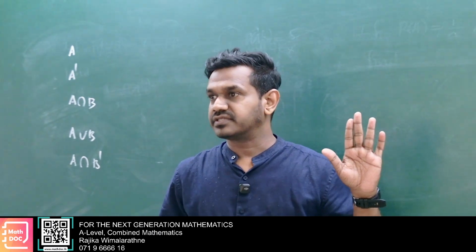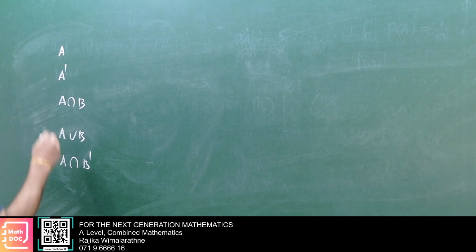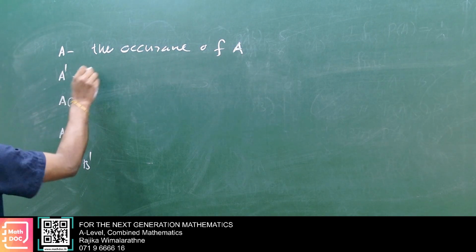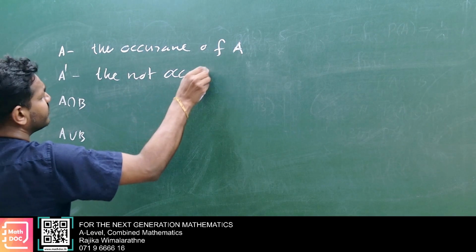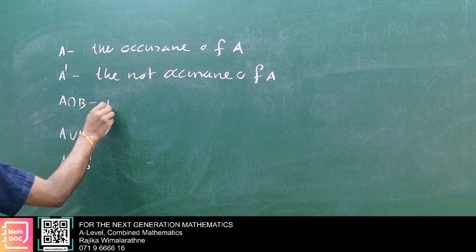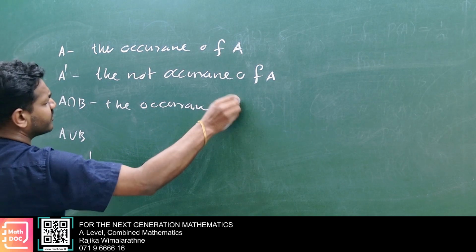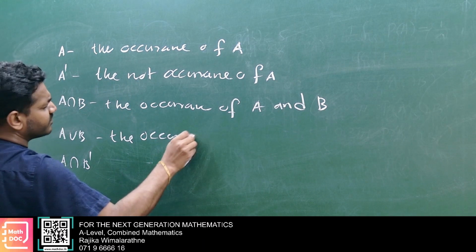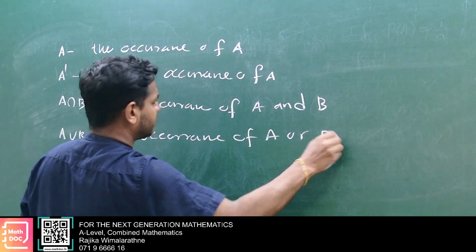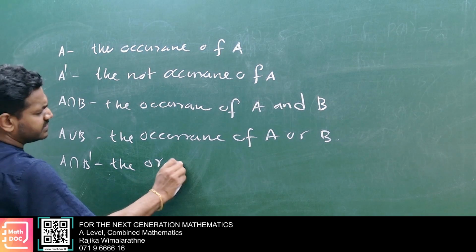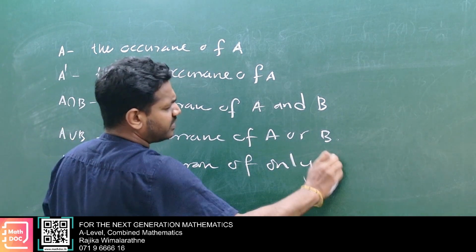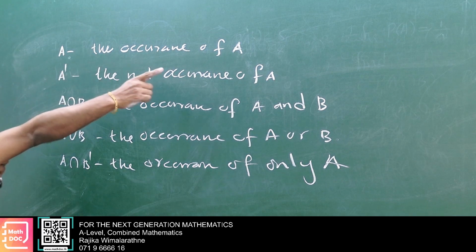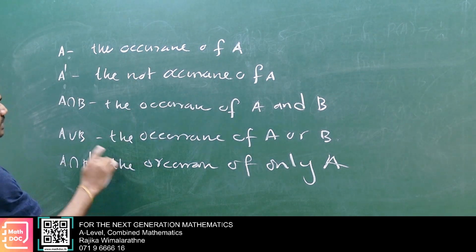So here we say the occurrence of A, the not occurrence of A, the occurrence of A and B, the occurrence of A or B, the occurrence of only A. Okay, you better write with me.